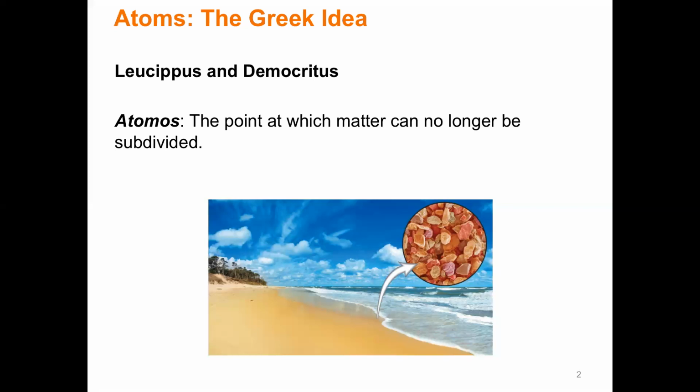The argument came from this: if you look out at a beach and you see water and you see sand, from far away they both look continuous, right? The water looks continuous and the sand looks continuous. But as you get closer and closer, specifically to the sand, you can see with your naked eye that it's actually made up of tiny pieces, and some of those pieces can be really, really small.